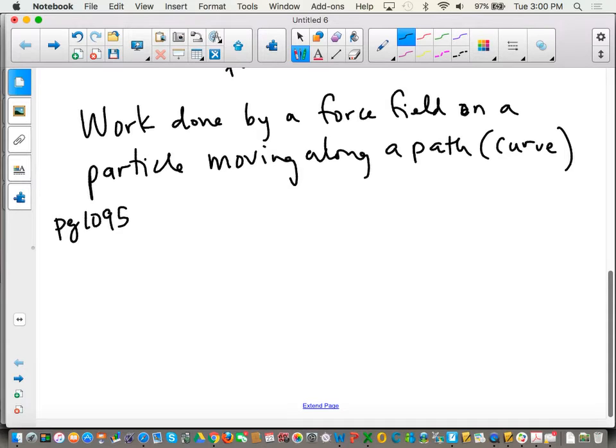Alright, so the work done by a force field on a particle moving along a path or curve is given by the integral along this curve. C is the curve.